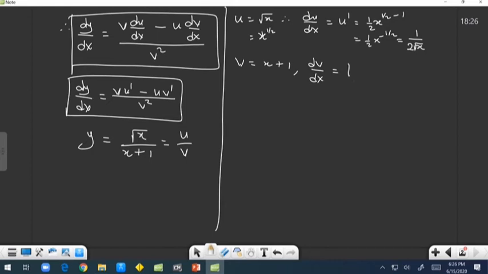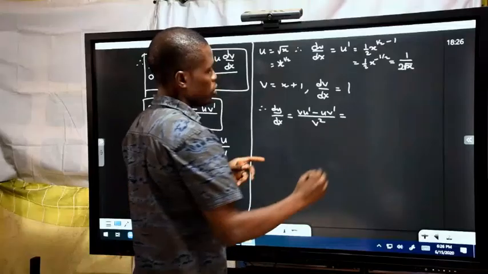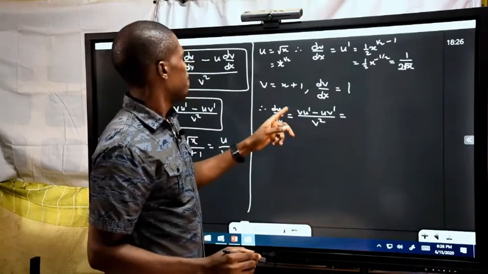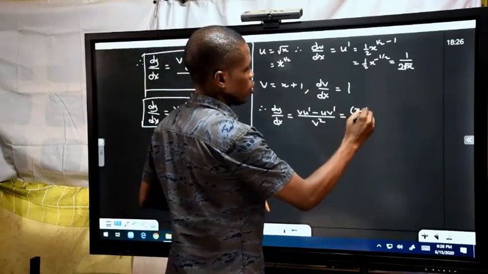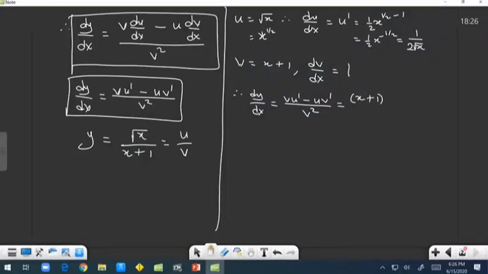So if v is x plus 1, dv over dx is equal to, if you differentiate this, 1. So using the quotient rule again, dy over dx is equal to v u prime minus u v prime over v squared. So we substitute. v is x plus 1, so we have x plus 1. u prime is 1 over 2 root x, minus u.